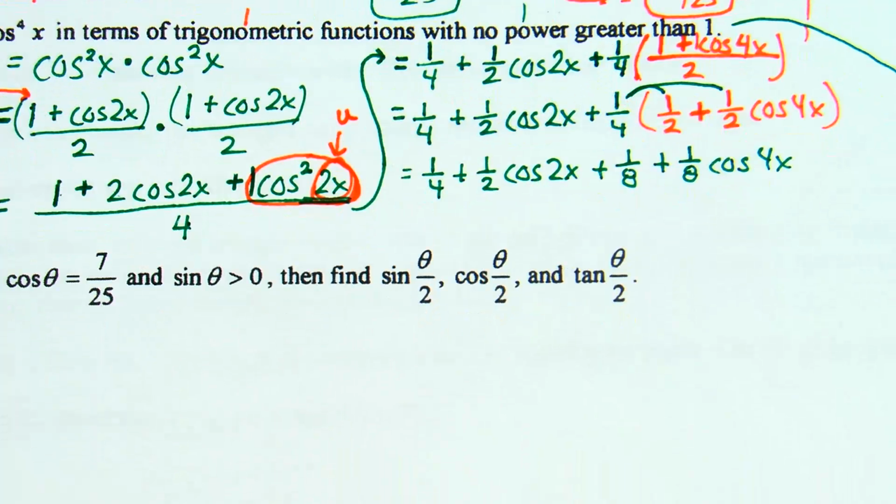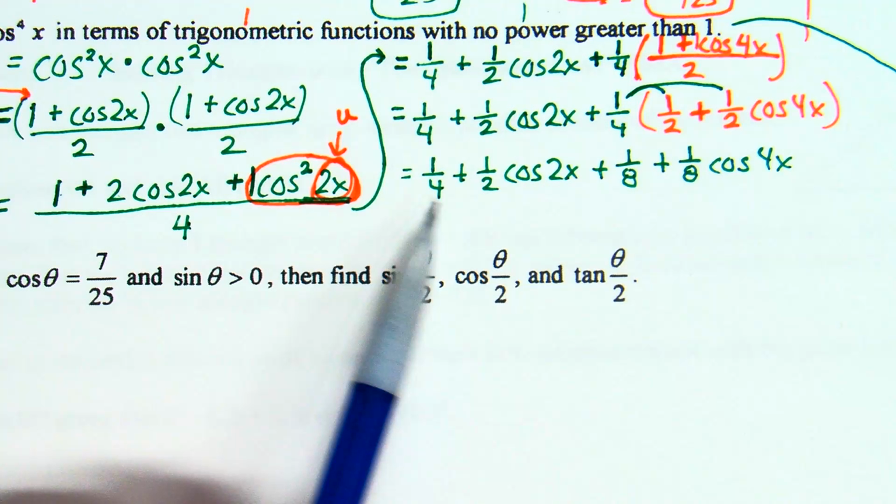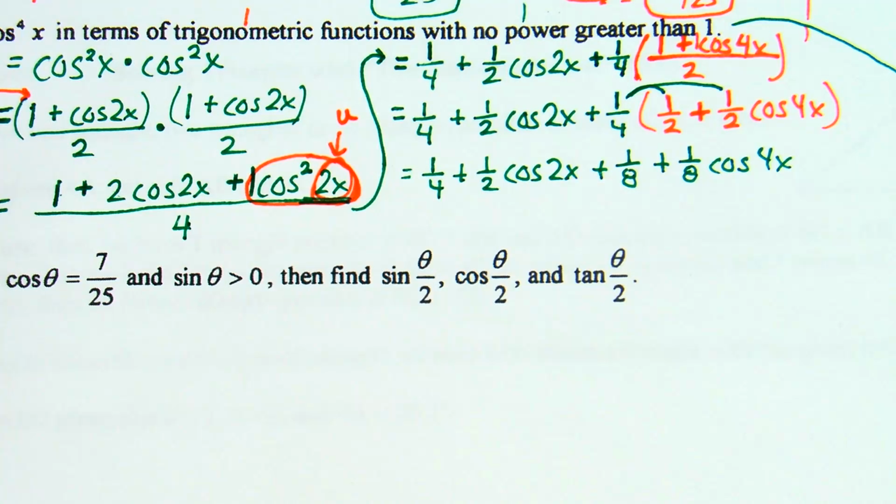Any like terms? Yes. Well, read through the terms we have. We have 1/4. We have 1/2 cosine 2x. We have 1/8. And we have 1/8 cosine 4x. What can add? 1/4 and 1/8 are just middle school fractions.